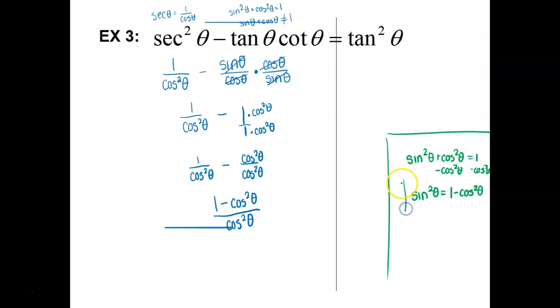So this right here is technically not a separate identity, and it's not because it's just a rearrangement of the Pythagorean identities. But when it comes to actually doing problems, you need to have this memorized. So when you see right here that you've got 1 minus cosine squared theta, then we could replace that with sine squared theta.